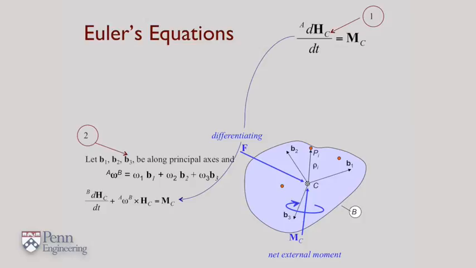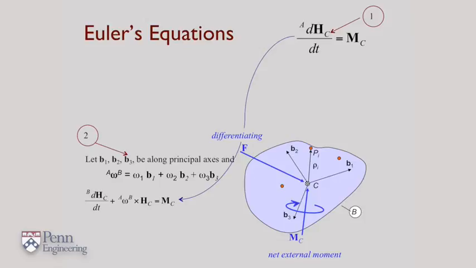So this correction factor, as I've paraphrased it, is actually a well-known fact in mechanics. Any time you differentiate a vector in a moving frame, its derivative is different from the derivative in a fixed frame. The difference is obtained by simply factoring in the cross product of the angular velocity with that vector. The first term on the left-hand side can be written in terms of the inertia matrix times the angular velocity vector.